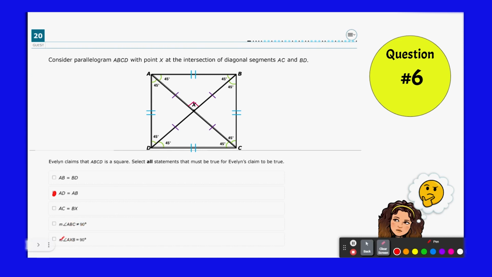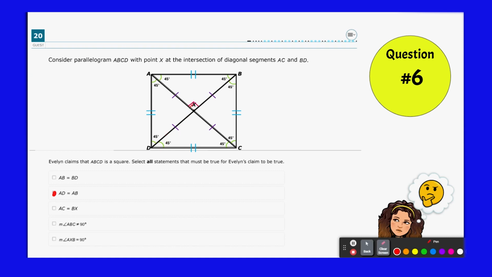And the last one is the measure of angle AXB has to equal 90 degrees. So let's see, AXB is right here. AXB is this angle. Okay, and it's saying that that has to be 90 degrees for this to be a square. Well, if you recall, one of our properties said that the diagonals are perpendicular, which means that they create a right angle.